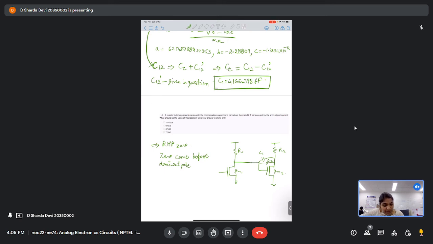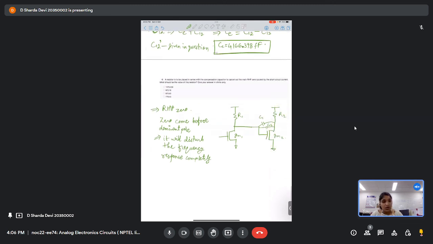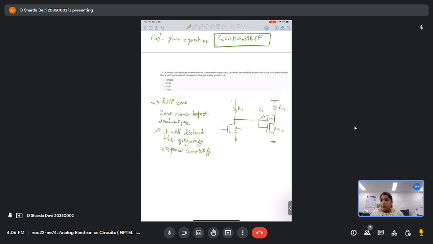So if this happens, then what will happen? It will disturb the frequency response completely. So what happens when this is the case?